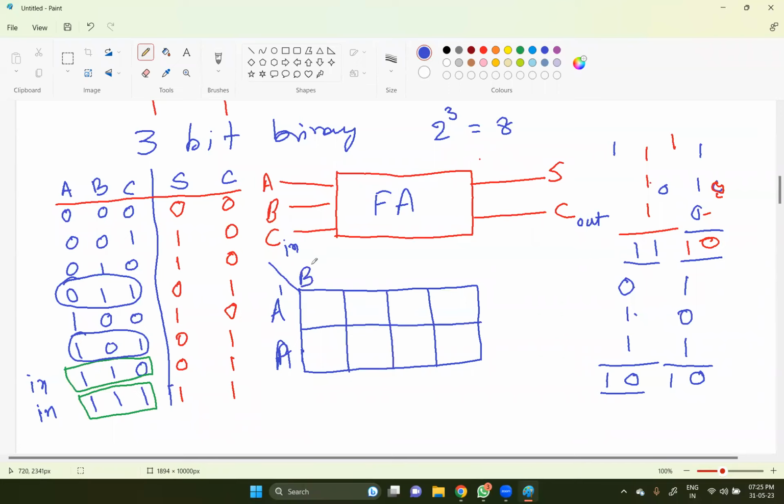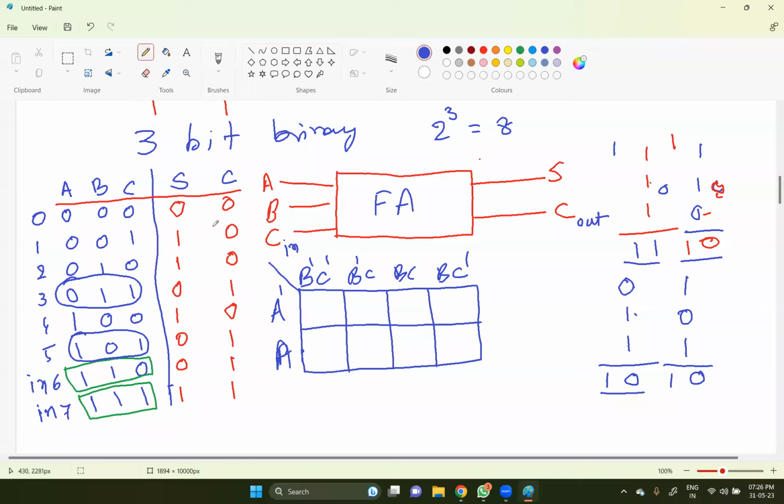B complement C complement, B complement C, BC, and BC complement. As I said in the previous lecture, this is how you specify the cells while drawing the Karnaugh maps. This is 0, this is 1, this is 2, this is 3, 4, 5, 6, and 7.